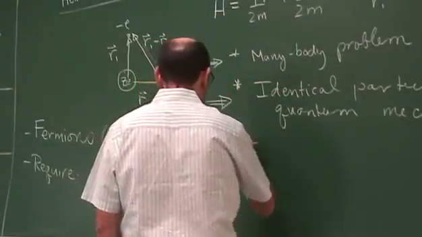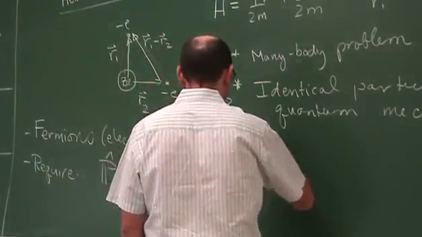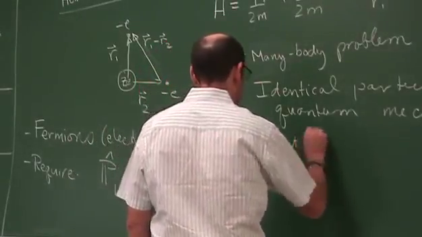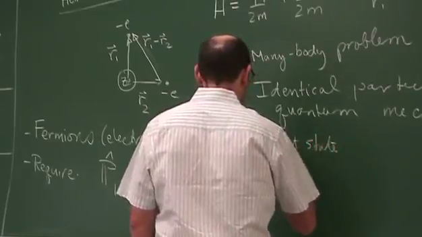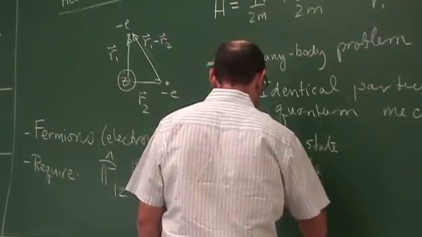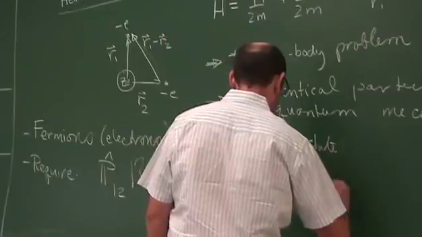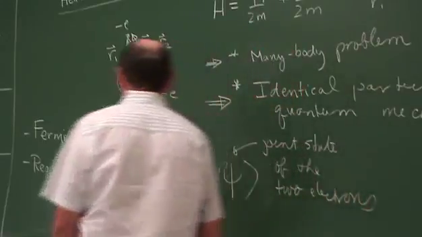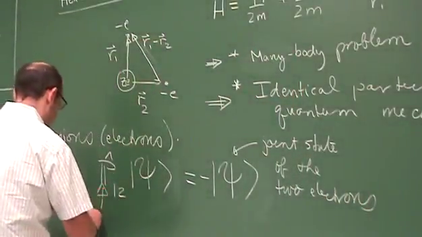So this is the joint state of the 2 electrons, and this is the exchange operator.